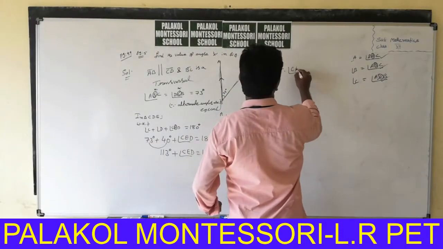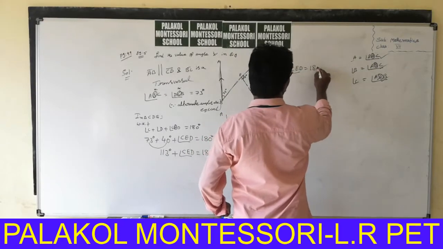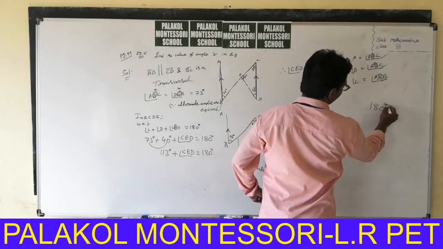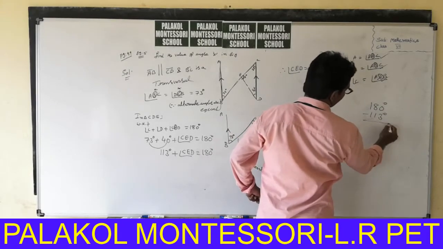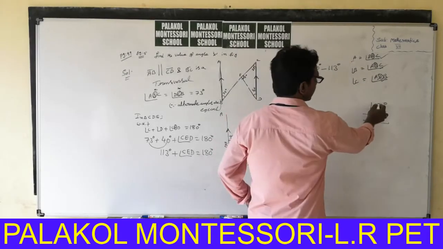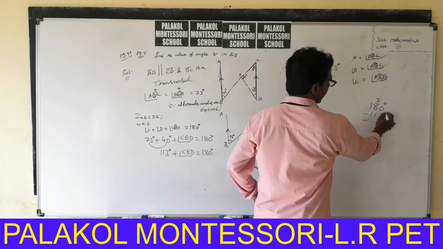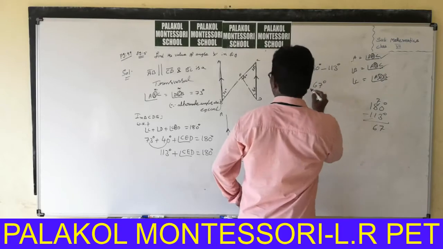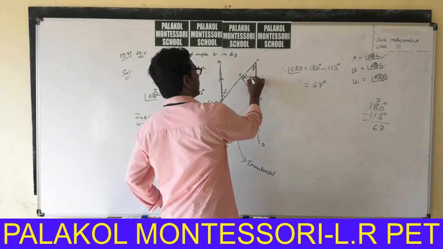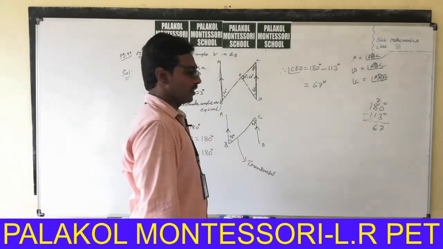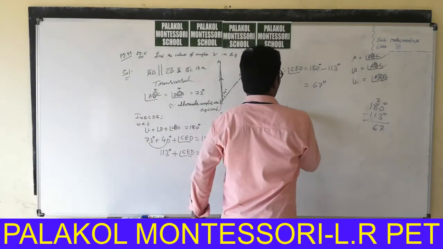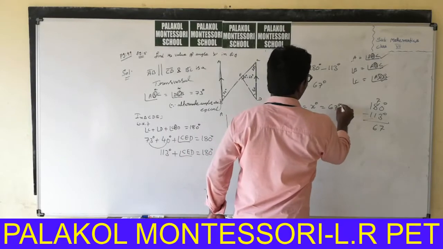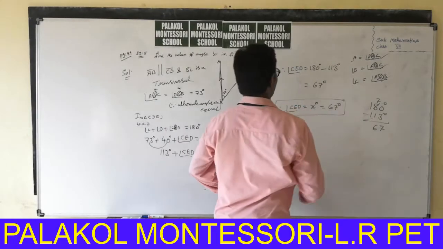Therefore angle CED is equal to 180 degrees minus 113, which is 67 degrees. So x value is equal to 67 degrees. Therefore, finally, angle CED is equal to x degrees is equal to 67 degrees.